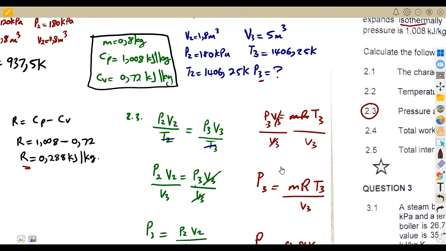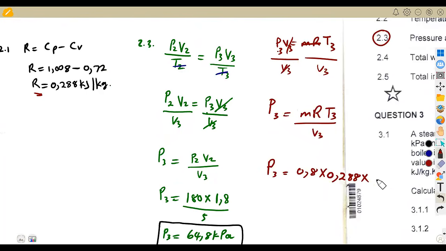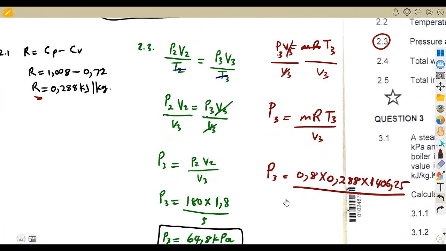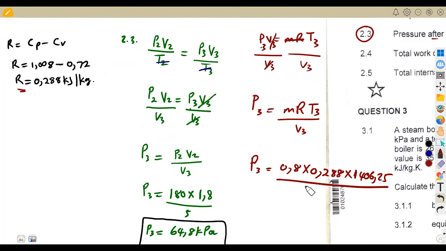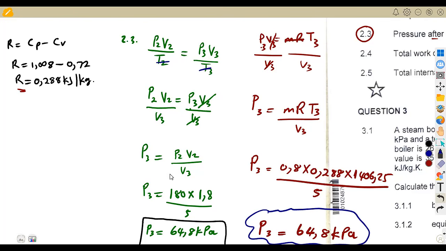We've got 1,406.25, so we use 1,406.25 everything over V3, which is the volume that we are given. Remember V3, we are given 5 cubic meters. So we are going to have the same answer for P3, which is 64,8 kilopascal.